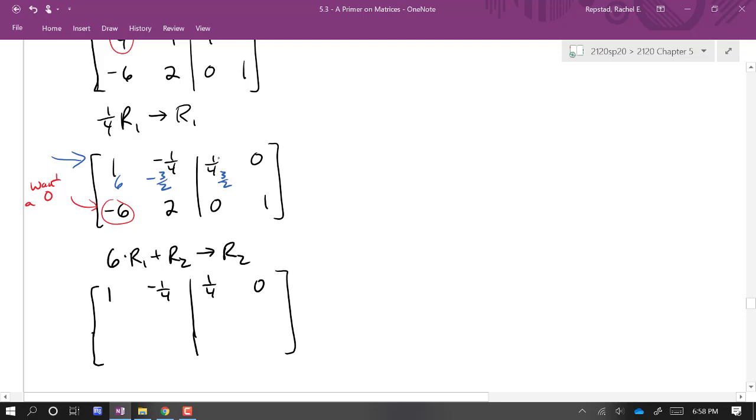And 6 times 0 is, of course, 0. Now I'm going to take each of these numbers I wrote in blue, and I'm going to just add it to the entry in the second row. So 6 plus a -6 is 0. -3/2 plus 2 is a +1/2. 3/2 plus 0 is 3/2, and 0 plus 1 is 1.